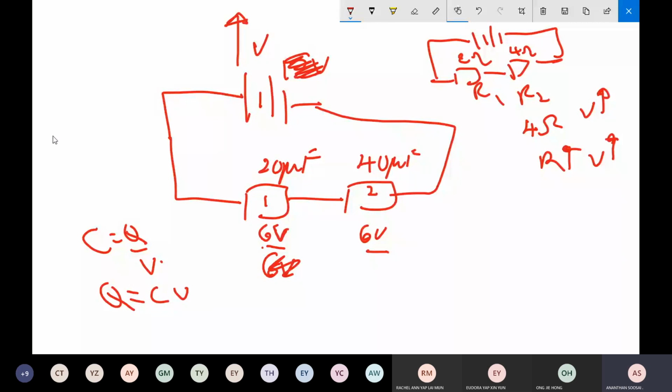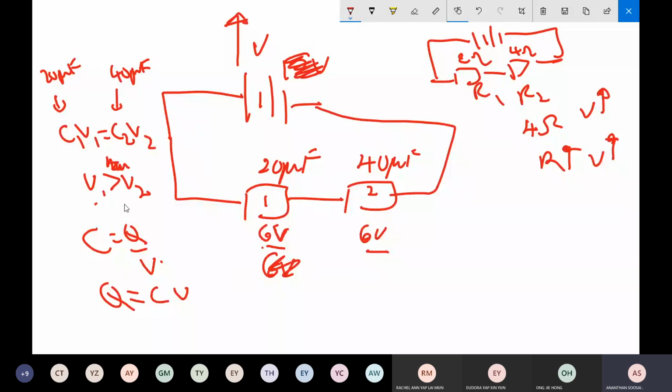So C1 V1 must be the same as C2 V2. C1 is 20 microfarad, C2 is 40 microfarad. So you can see that when C1 is smaller, V1 is definitely greater than V2. Okay.